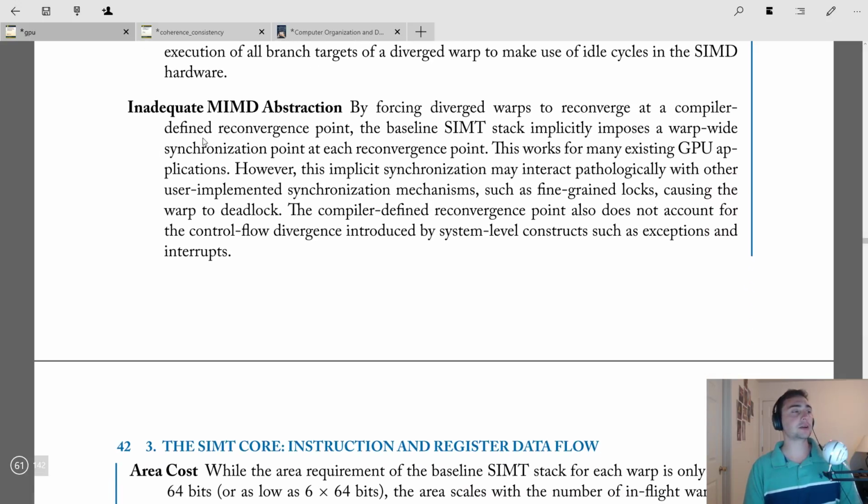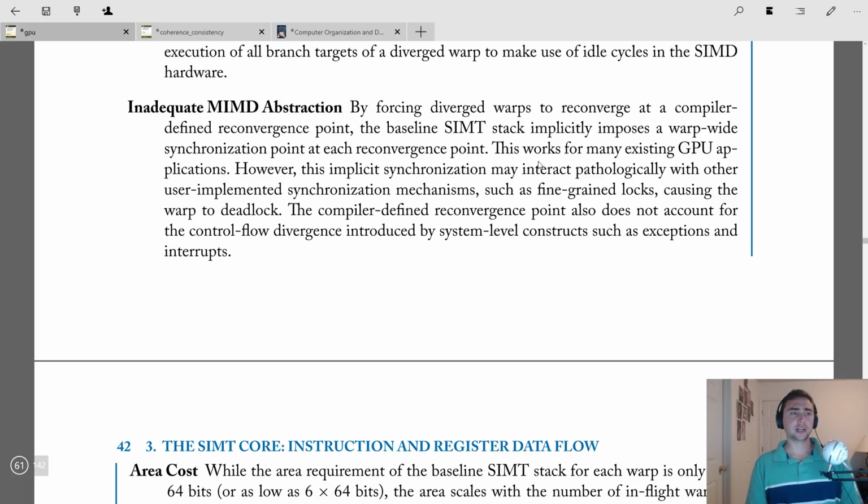Another thing is the inadequate MIMD abstraction, right? Because we force diverged warps to reconverge at a compiler-defined reconvergence point, the baseline SIMT stack implicitly imposes a warp-wide synchronization point at each reconvergence point.